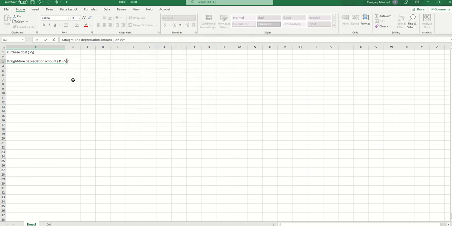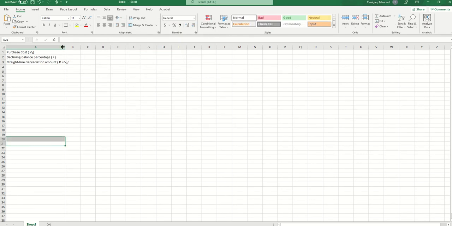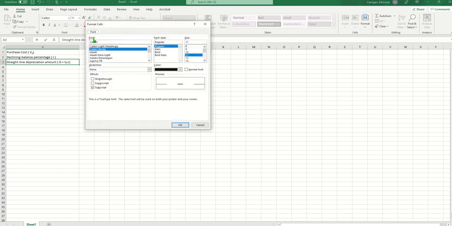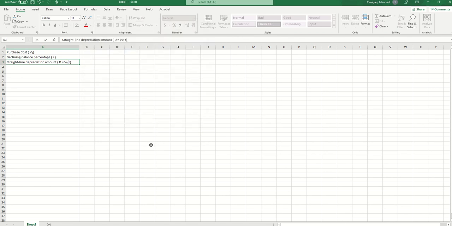And that's just going to remind me what variable I'm going to put in these cells. Okay, so I might also just go times R. Oops. So to make it really clear, V0 times R.